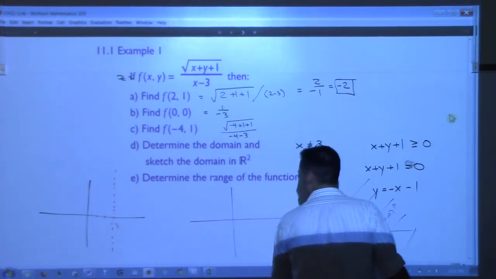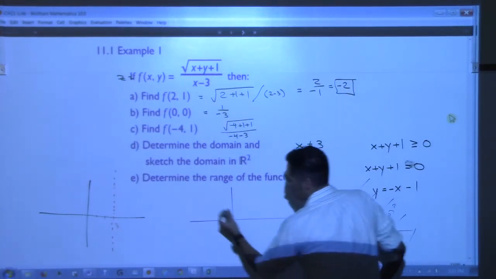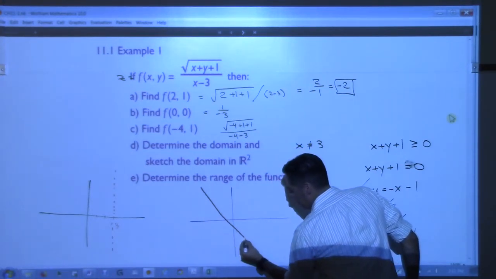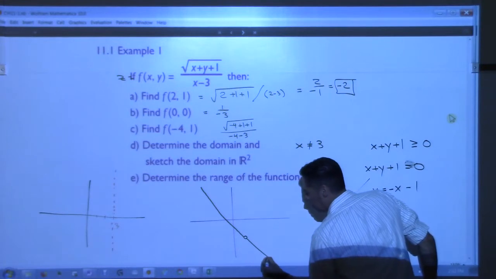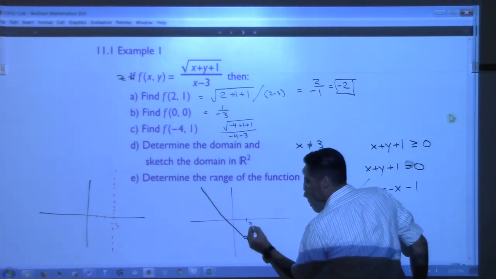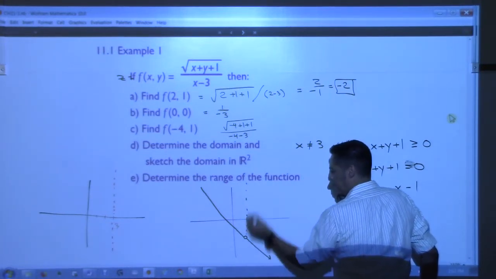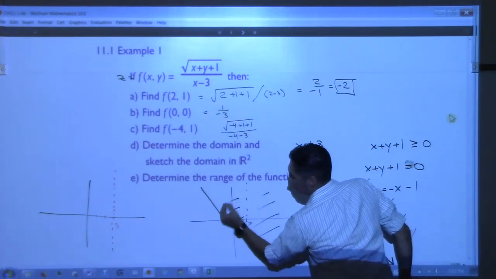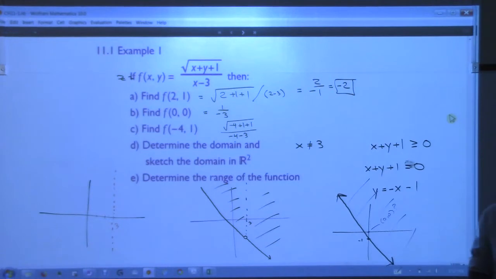It would be something like this. Our domain would be everything like this, and then we would have a hole here like that. And let's say this is 3 here. Okay, and then it would be all this stuff over here, all this stuff over here. Does that make sense?